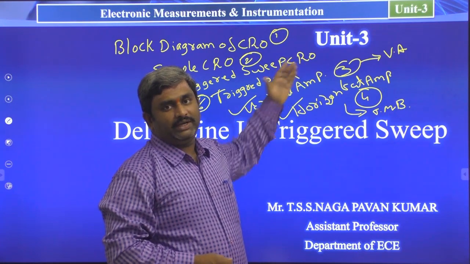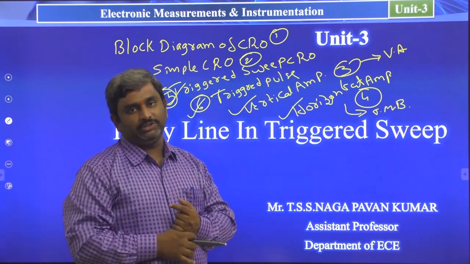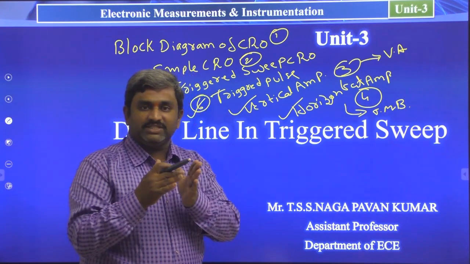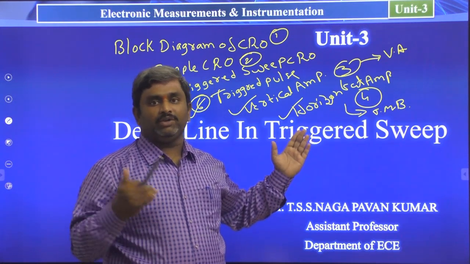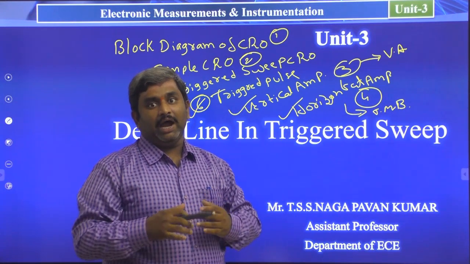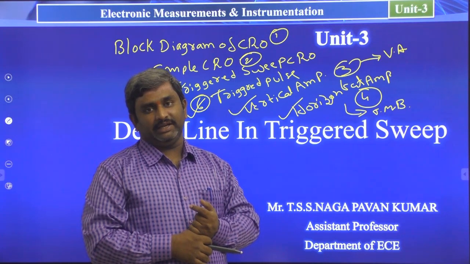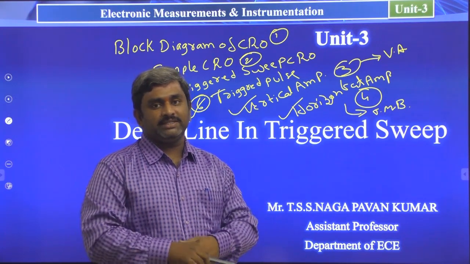Compared to the vertical direction, in the horizontal direction we have a lot of hardware circuitry. So coming to the CRT, both the horizontal direction information and the vertical direction information have to synchronize, and it should display the information on the CRT screen.